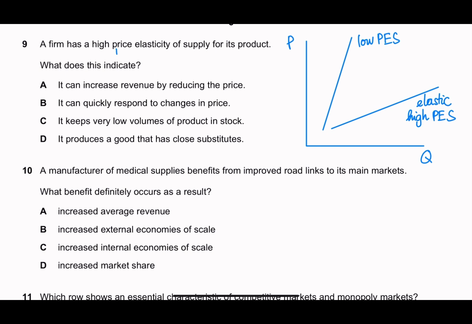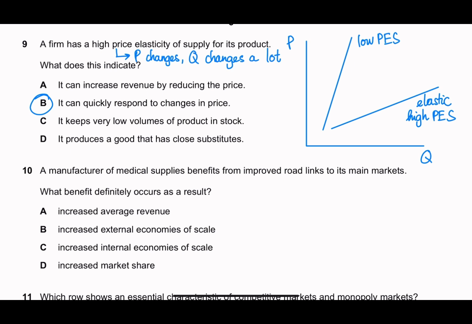High price elasticity of supply means that when price changes just by a bit, the quantity changes a lot, or a lot more compared to how much the price change. So this indicates that it can quickly respond to changes in price because the firm has to regulate the quantity that they produce in a short amount of time.